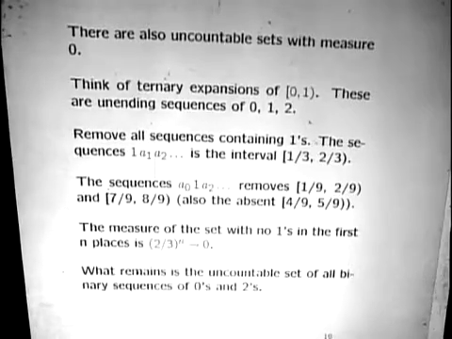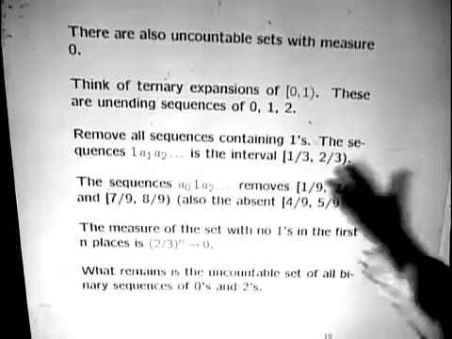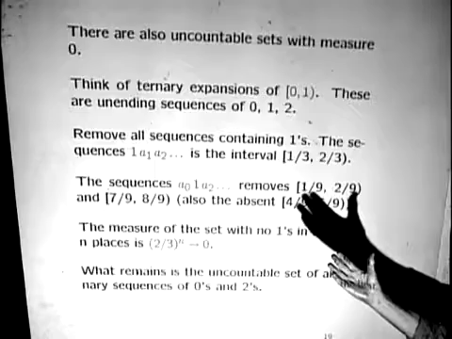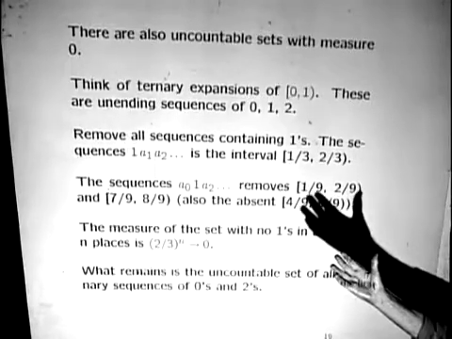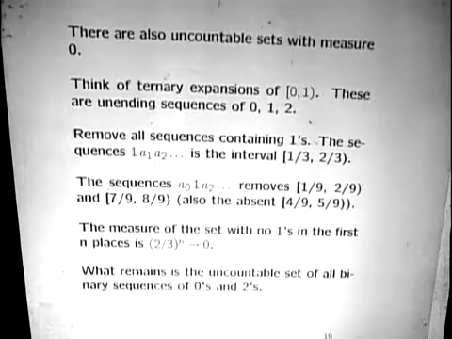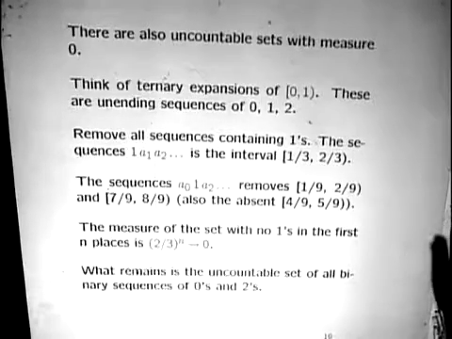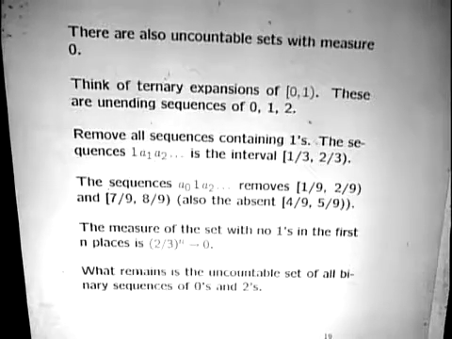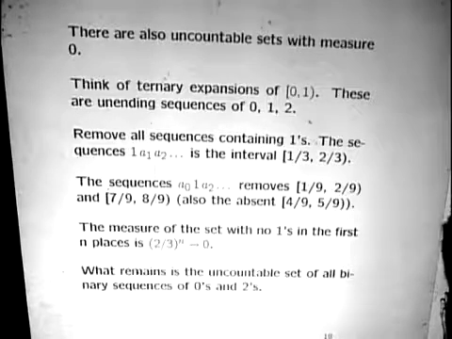How many binary sequences are there when I continue forever? Well, you know they're an uncountable number, because if I take all the numbers between 0 and 1, I represent them in binary, zeros and ones, I have an uncountable number of them.